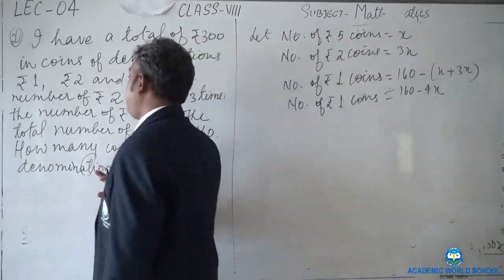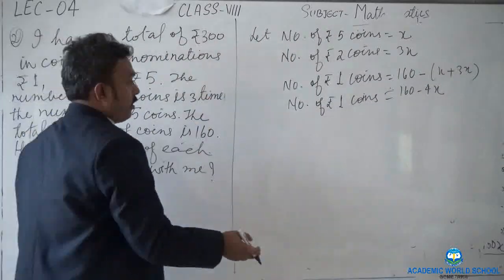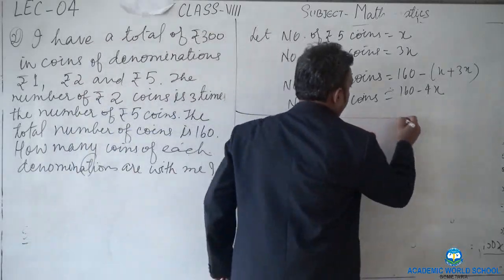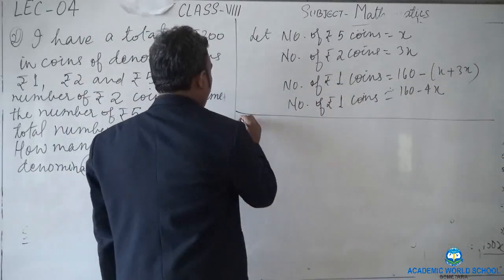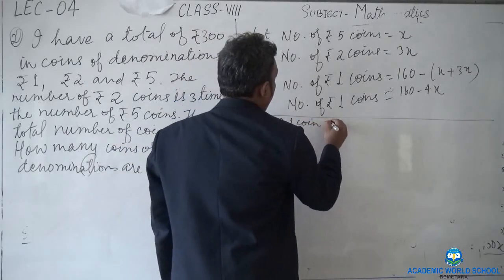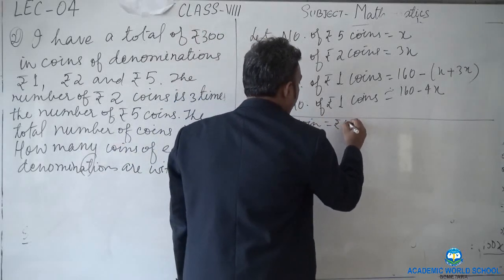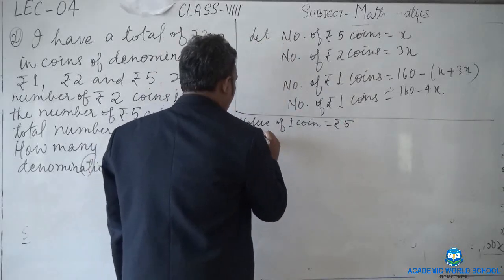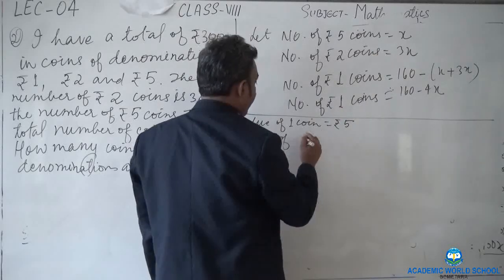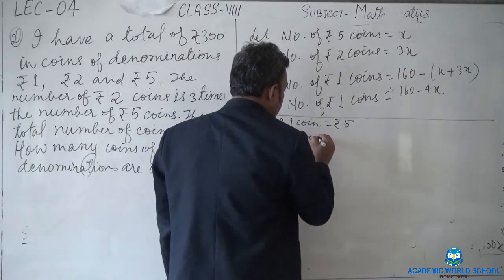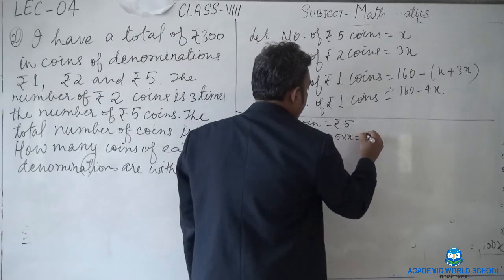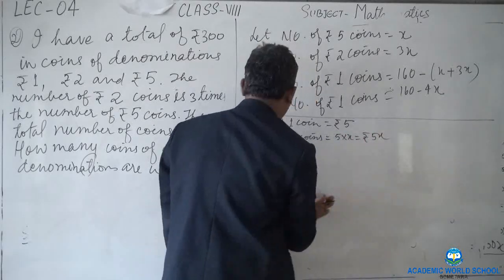Now you will get the value of all this, like we did in the earlier question. Value of 1 coin is rupees 5. So value of how many coins? x coins. So that is 5 into x, that is rupees 5x.